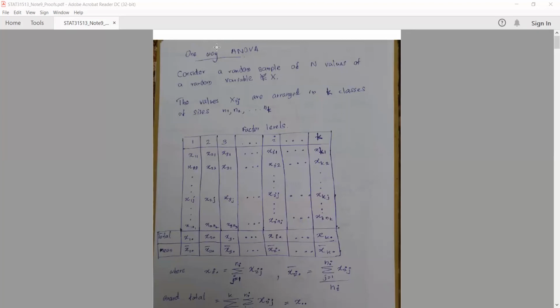If you look at the outline of the completely randomized design, you can see here you have factor levels 1, 2, 3 up to, let's say, k. Under factor 1, we can have several observations, which we call replicates.